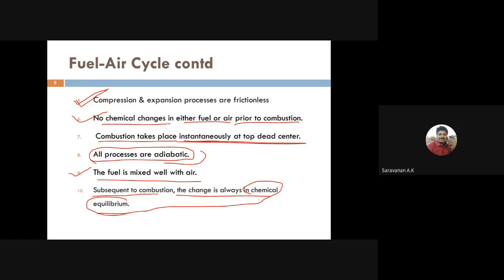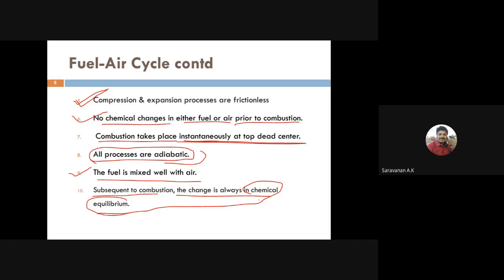So the reason for this divergence is the values of the properties of the working fluid for the cycle analysis, the non-instantaneous burning, the valve operations and the incomplete combustion. These are the reasons the efficiency may get affected, right?